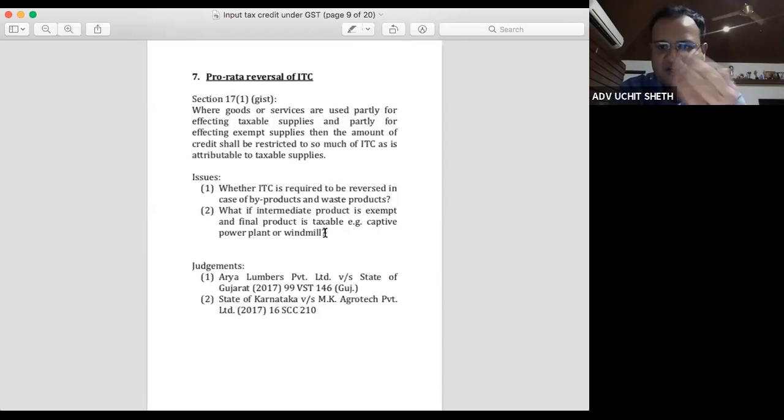If I generate electricity and use it captively in manufacture of my own product, I do not supply the electricity at all. I may be manufacturing the electricity, but I do not supply the electricity, and therefore the goods or services are not used partly for effecting taxable and partly for effecting exempt supply. The supply which I make is of the taxable finished product, and therefore no requirement of reversal of input tax credit.